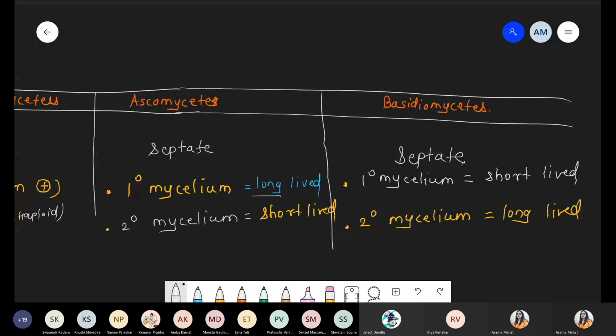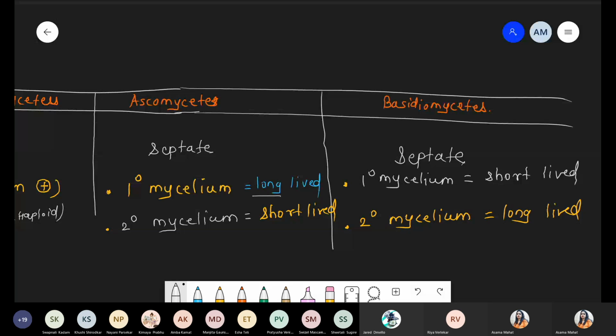Exactly reverse scenario with respect to Basidio. Primary mycelium short-lived and the secondary mycelium long-lived, because we know that इस साल पेपर बहुत easy था. More than two students secured first rank and second rank with same marks 720. But ऐसा नहीं कि हर बार ऐसे repeat होगा. So we have to prepare for the hard level also.